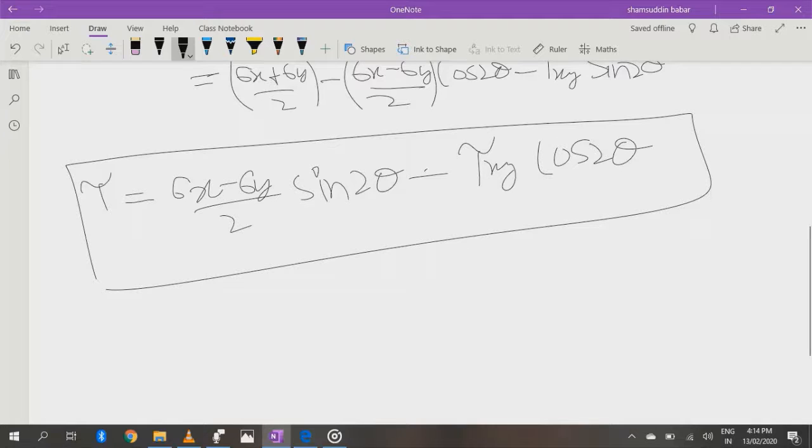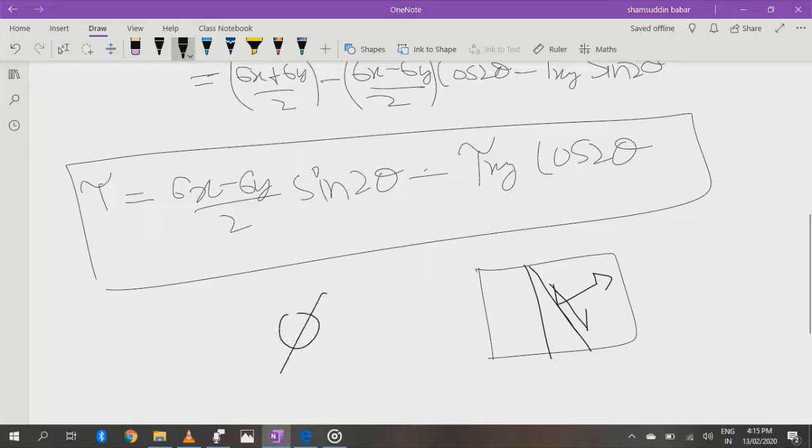Now we have found the normal and shear stress on an oblique section. Now it's time to find out phi. What is phi?